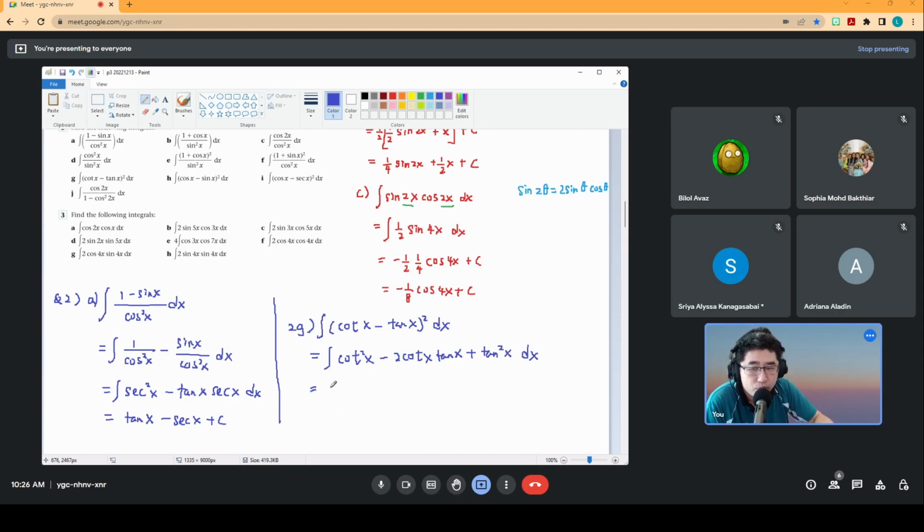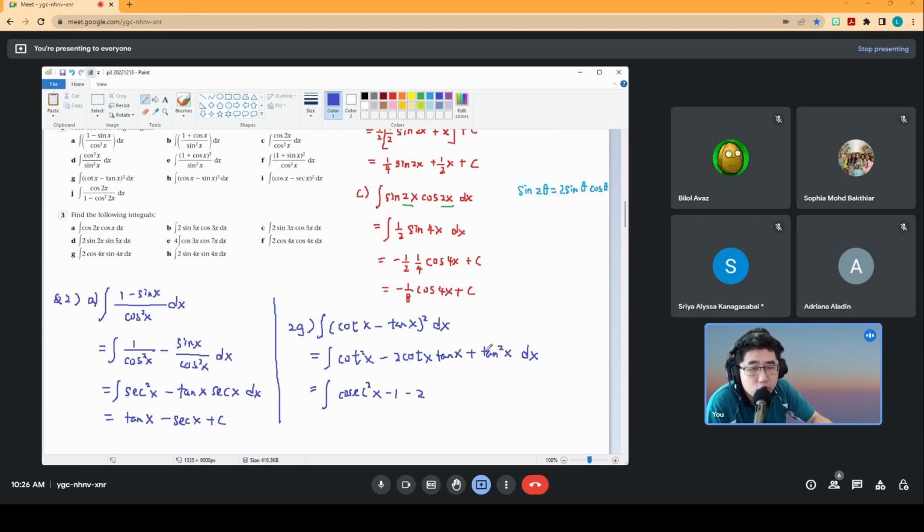The cotangent square here, again, from section B, we don't have a formula for cotangent square, so we have to change it into something else. The cotangent square, we change it into cosecant square minus 1. And the 2 cotangent x tangent x here, cotangent we know is 1 over tangent, therefore the cotangent and the tangent will be cancelled off. Minus 2.